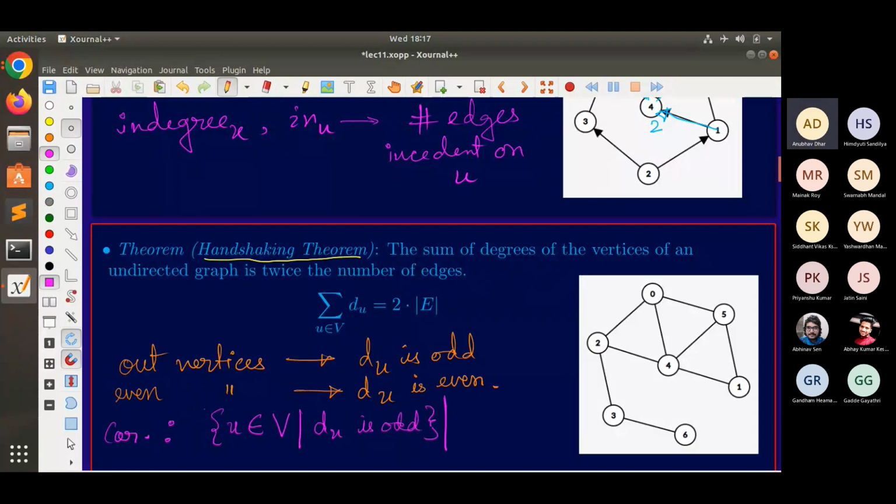What can you tell about this number? The number of vertices such that the degree is odd. Okay. So this number has to be even.